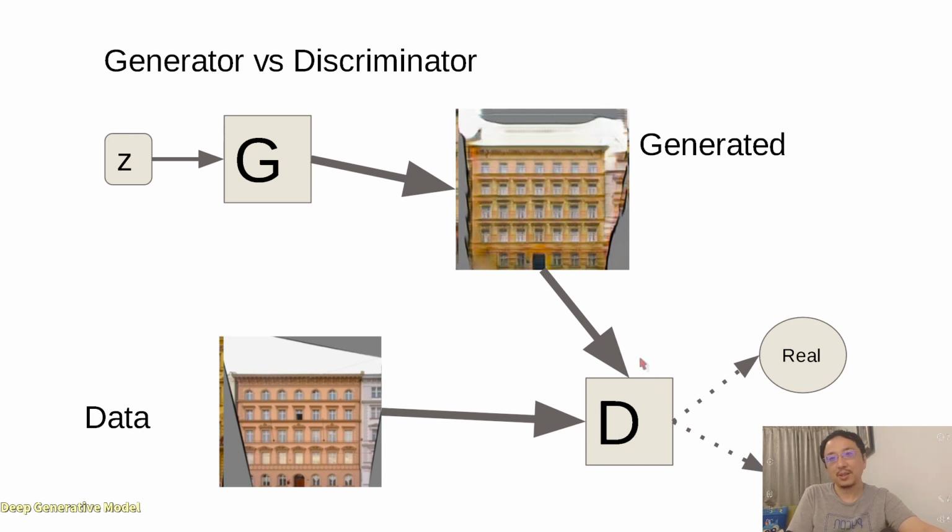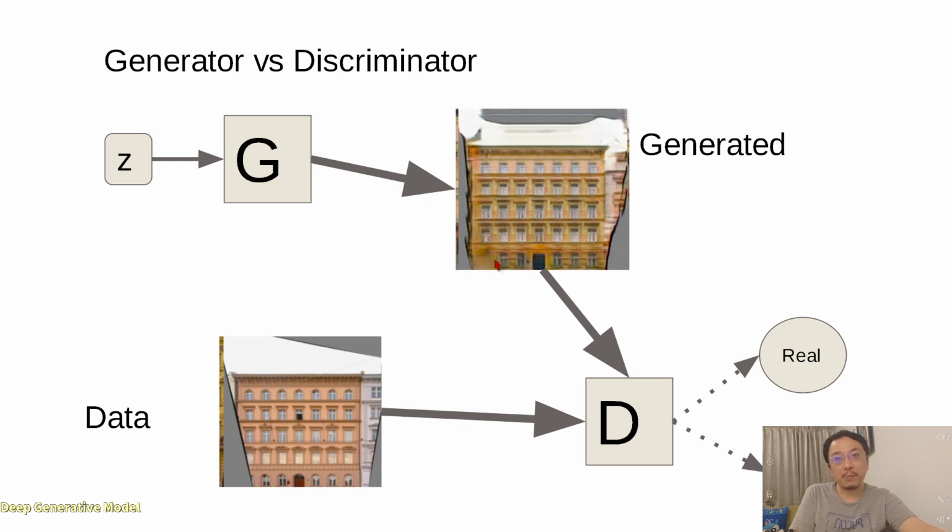So how does the generator work? We train a generator in a way that we let the generator output an image, and after we send this image to the discriminator, we get a score of how good or how bad it is. So no matter how the discriminator is trained, the task for training the generator is straightforward.